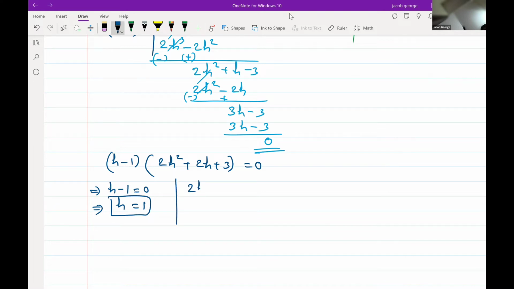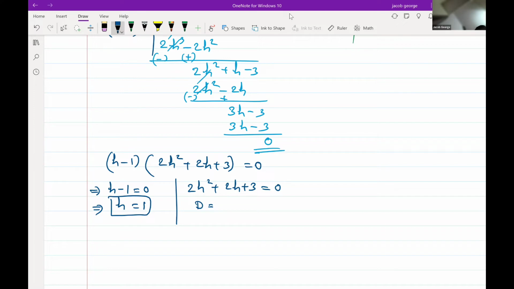And second is 2h square plus 2h plus 3 is equal to 0. It is very difficult to find the factors. Sum is 2 and product is 6. Is there any factor? Difficult. So I will check the other method, the discriminant method.